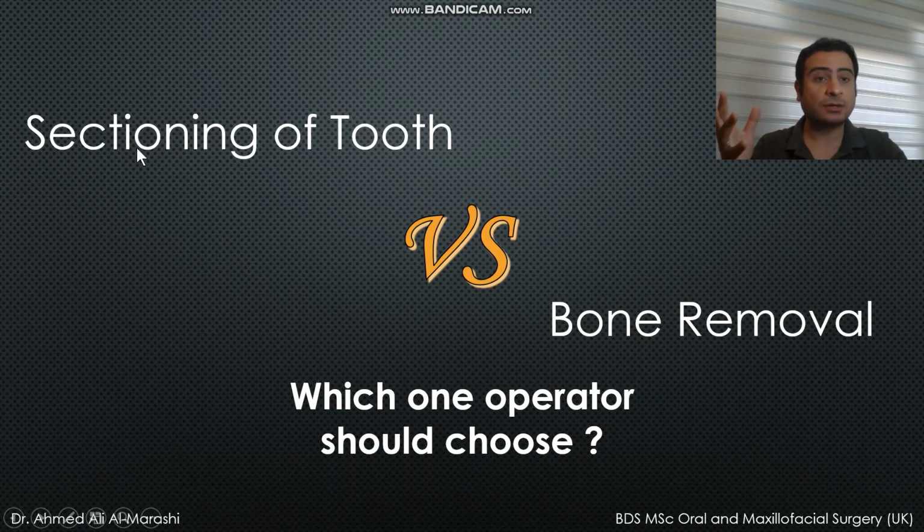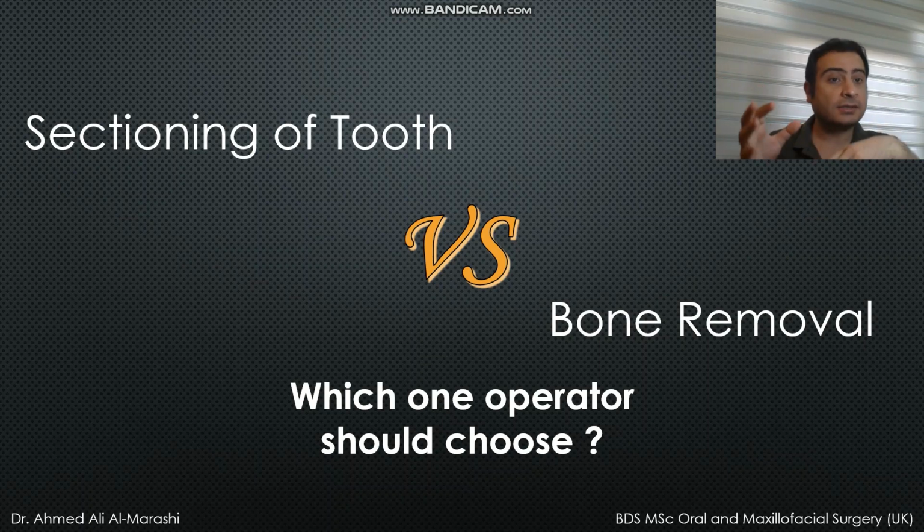We can section the tooth into tiny pieces and avoid bone removal, but this also will make the procedure very long, and making the tooth into these tiny pieces might complicate the surgery. So which one should the operator choose? Tooth sectioning or bone removal? Okay, here there's no black and white in it, so we have to balance in between.